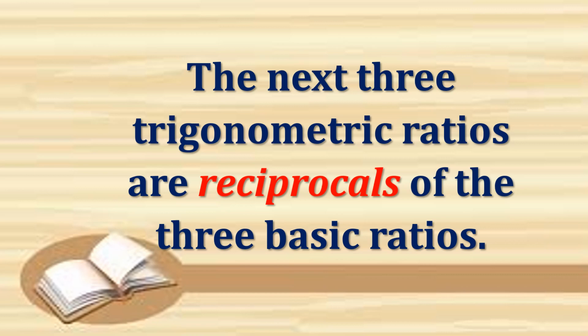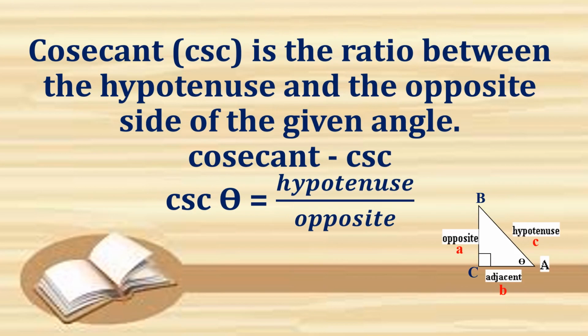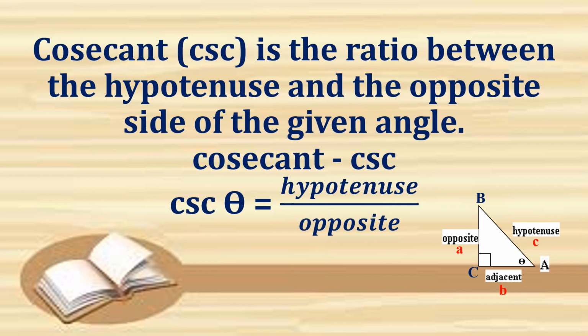Alright, so now that you know already the three basic ratios, the next three trigonometric ratios are the reciprocals of the three basic ratios. Cosecant is the reciprocal of sine. Cosecant is written as CSC.